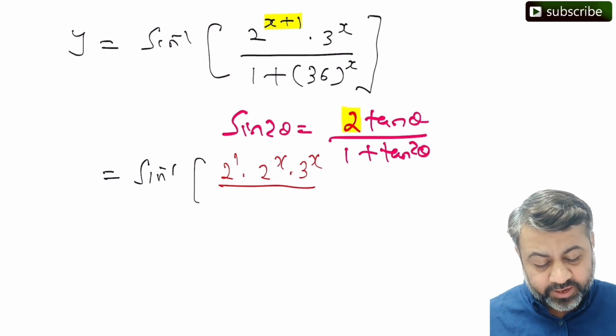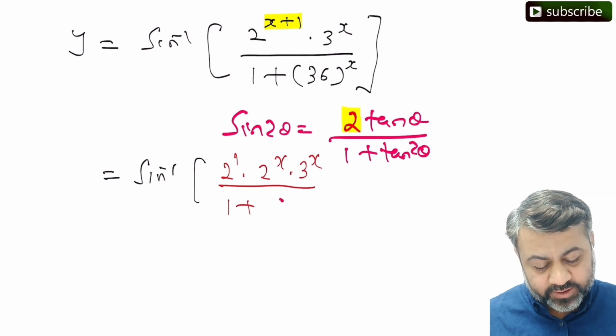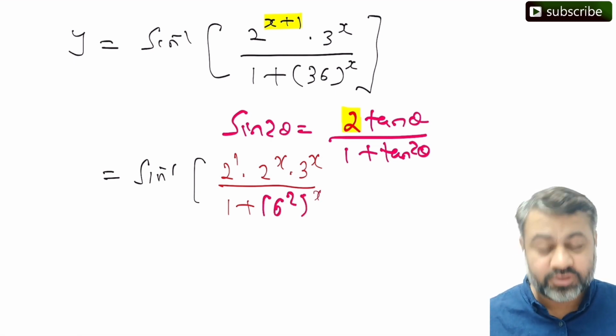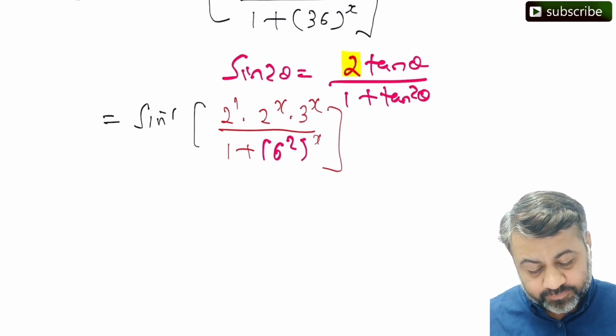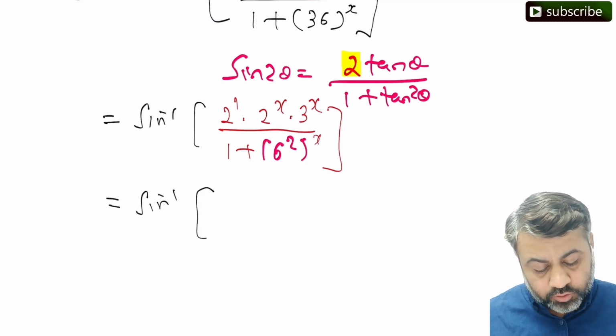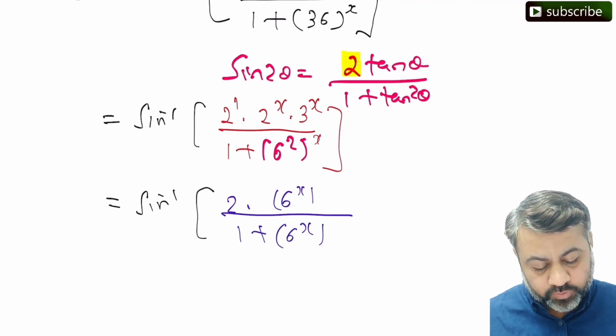So in the denominator, I'm going to write 36 as 6 square, and the next step I'll write this as 6 to the power x, whole to the power 2. So observe what I'm going to do next here. I'll be writing sine inverse of, this will be 2 times 6 power x upon, in the denominator I'm going to write 6 power x the whole square.